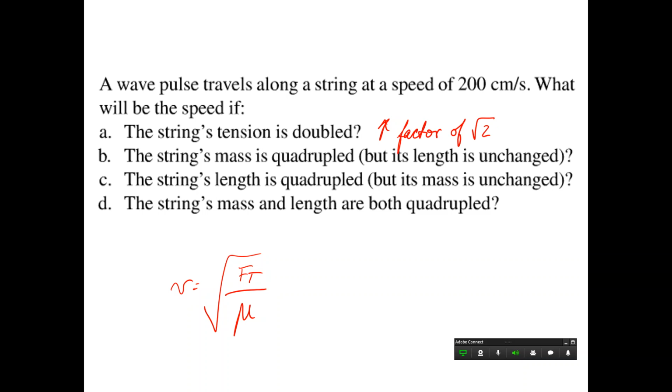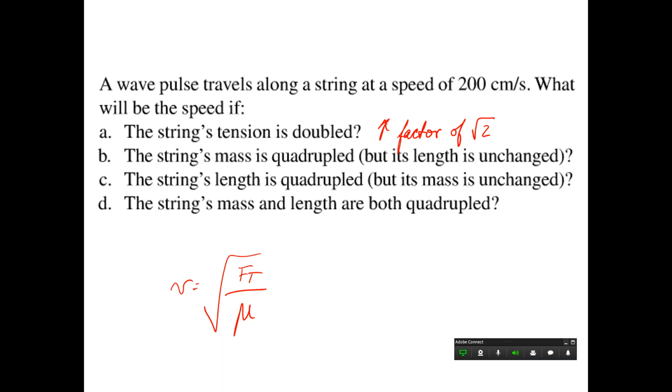What if the mass is quadrupled, but its length is unchanged? So the mass is increased by 4 times. What would happen? It would increase by the square root of 1 over 4, or decrease by the square root of 4. Same thing, just a different way of saying it. So you're absolutely right.